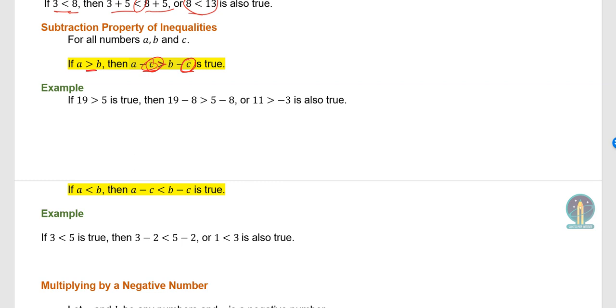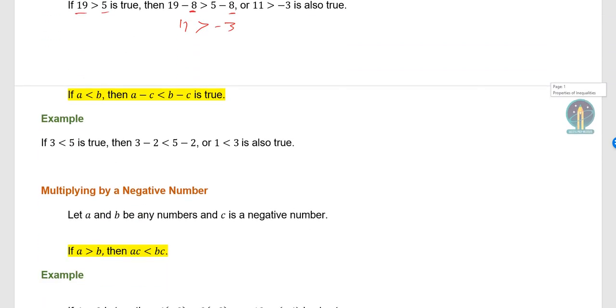If 19 greater than 5 is true, which it is, then 19 minus 8 is greater than 5 minus 8, because then this becomes 11 is greater than minus 3. So it continues to be true.